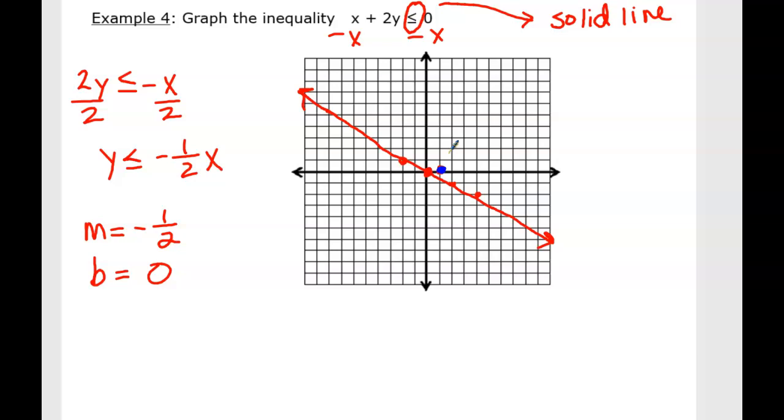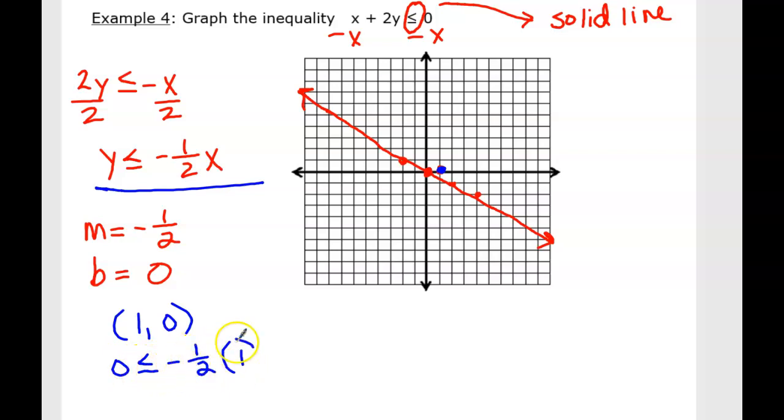So I'm going to test the point 1, 0. I plug in the values. It doesn't matter if I put it into this form or this form, but I'll put it into the slope-intercept form. So my y is 0. Is that less than or equal to negative 1/2 times my 1?